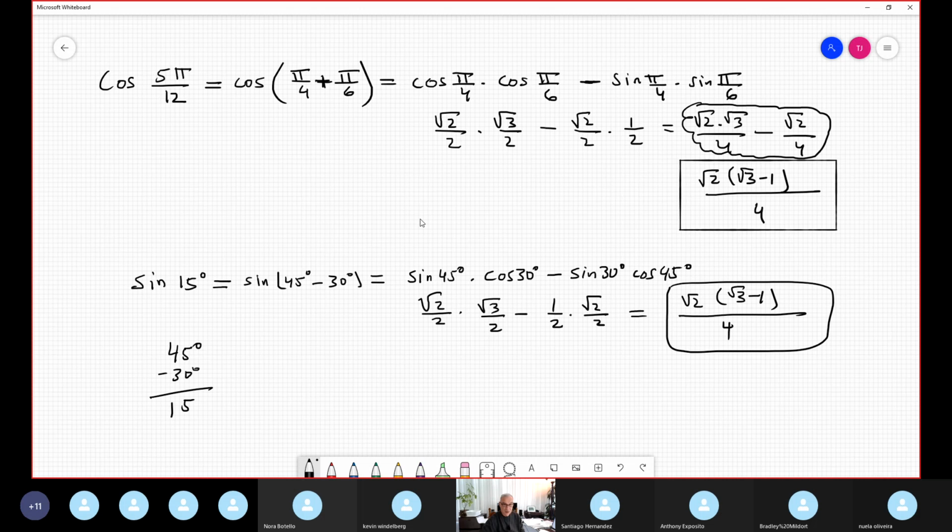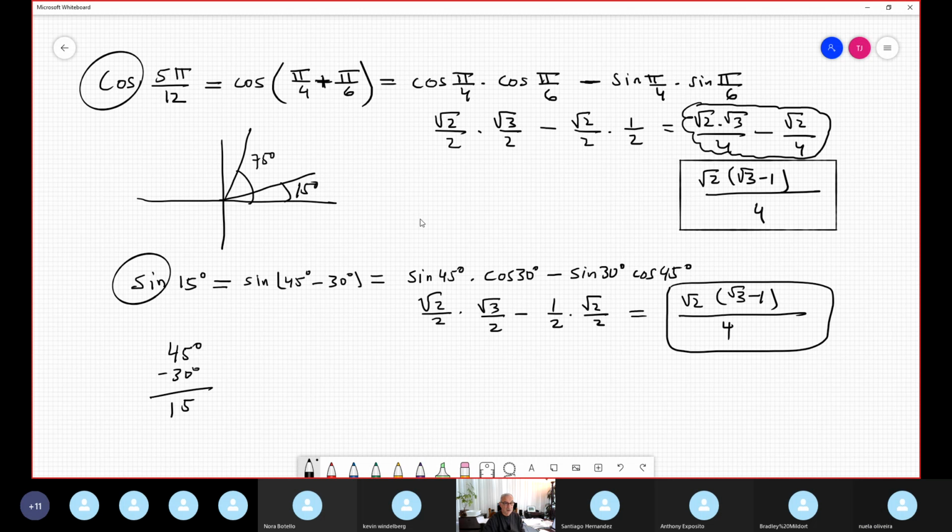Because of the angles. But does it make sense or not? Let me try to understand. 15 degrees looks like that. And this angle, I remember the other example was 75, no? 75. Ah, yeah. The reason is because this is cosine and this is sine. 75 looks like that.